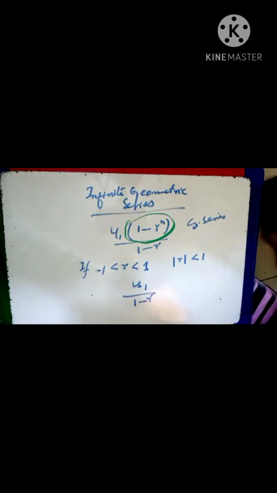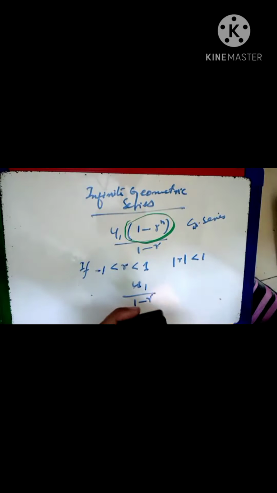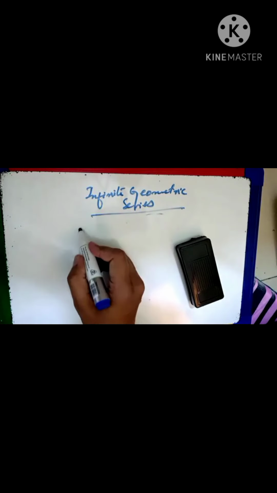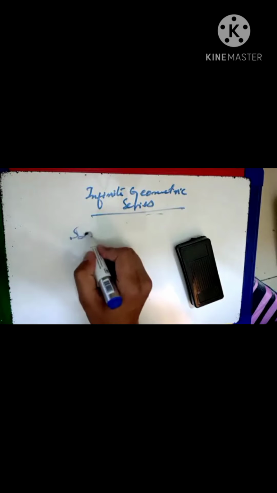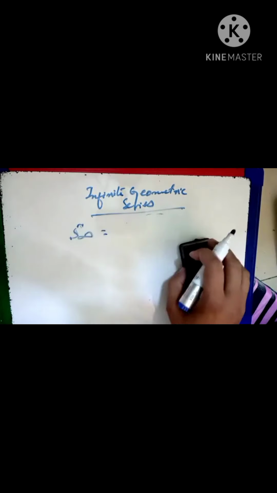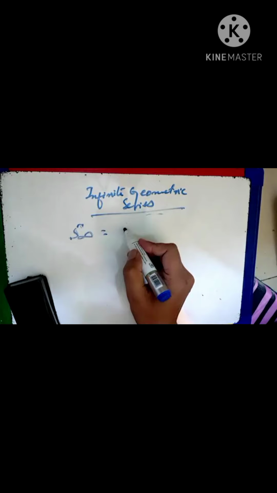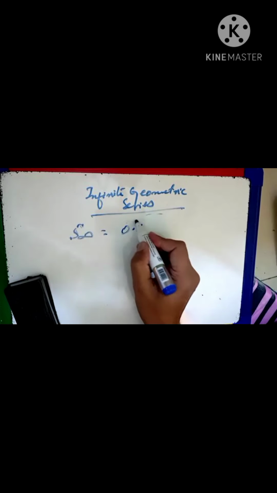For example, if I give you one question as an example. Suppose somewhere it is written as infinite, and the sequence is going longer, and they write 0.7 dash.